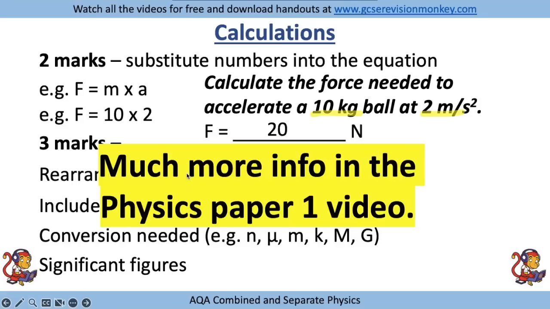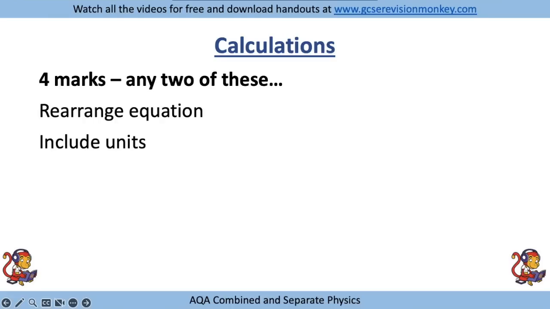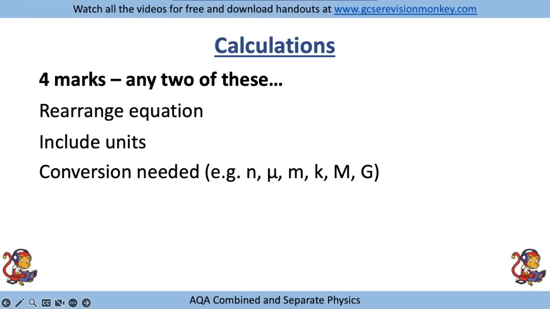There is much more information on this in the Physics Paper 1 video, so if you didn't watch that, do go and look over it because 30% of your exam is equations. But I'll assume you've watched that, and this is just a quick overview. If you move on to 4 mark questions, then you might expect any 2 of those things, like rearranging the equation, remembering the units, a conversion, or significant figures.